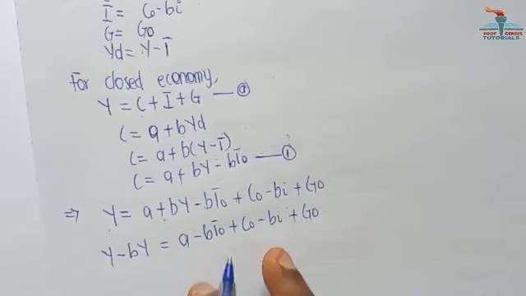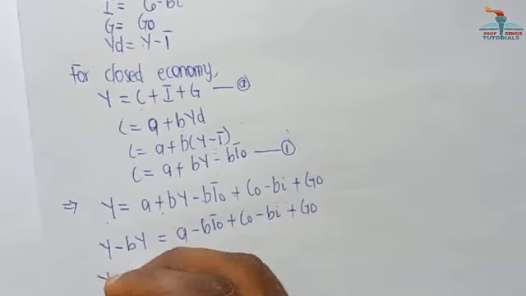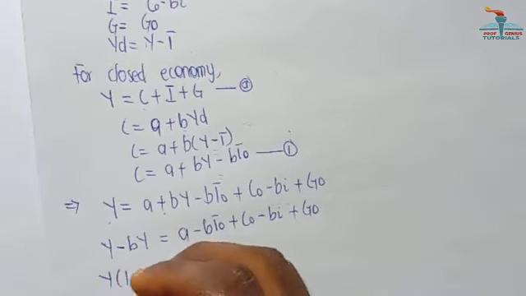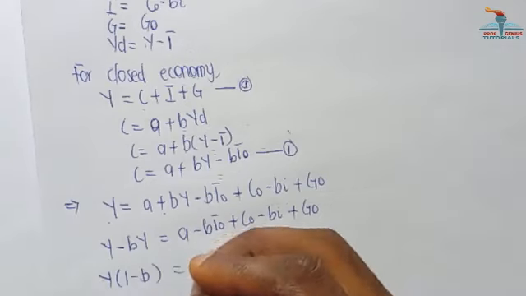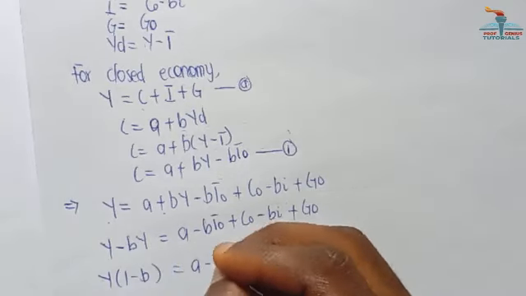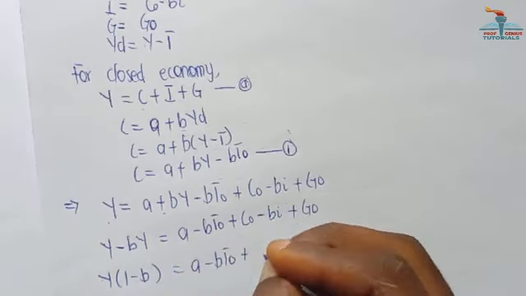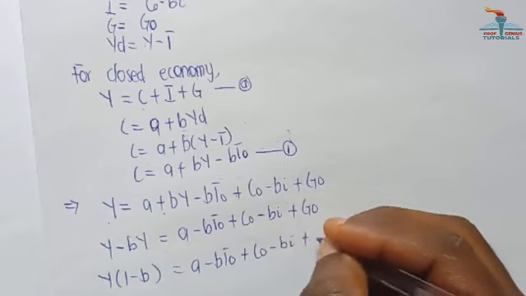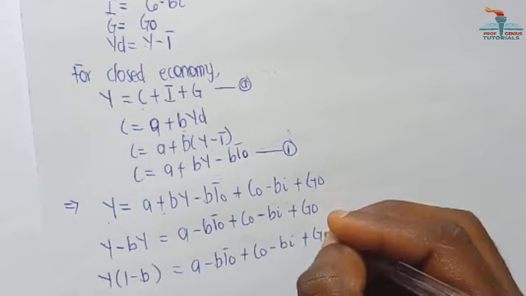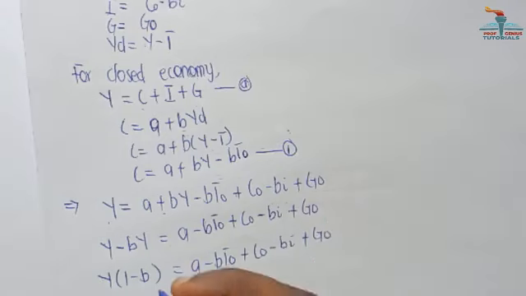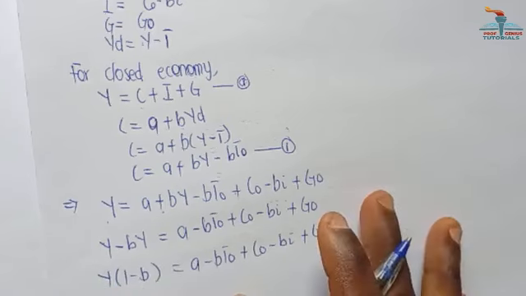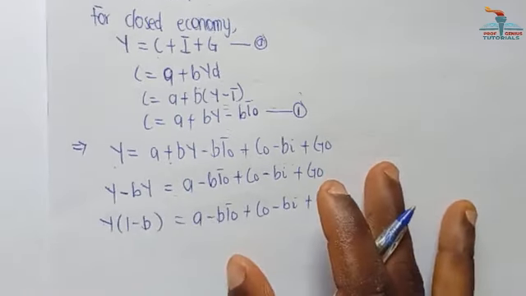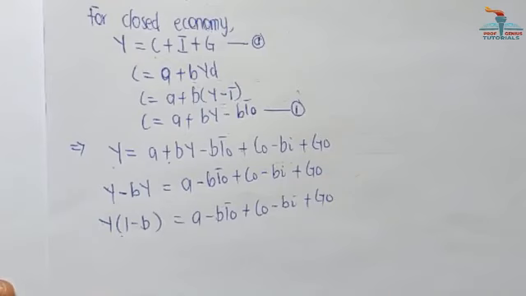Let us factorize Y out. When Y comes out, we have 1 minus B, which is equal to A minus BT naught plus C naught minus BI, then plus G naught. We want to make Y the subject, so we have to divide both sides by 1 minus b.